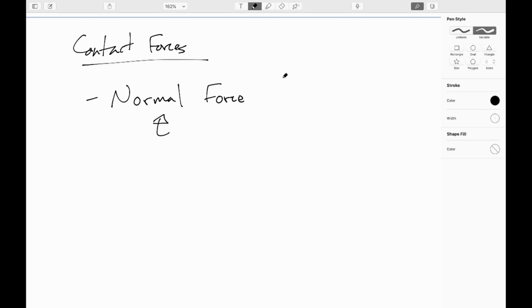This word normal, if you look in the Oxford English Dictionary, is normal 2. Normal 1 is the usual one where you look it up and it means not messed up. Normal 2, which is the normal we're using here, means perpendicular to a surface.